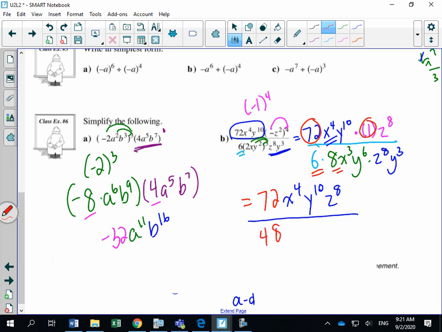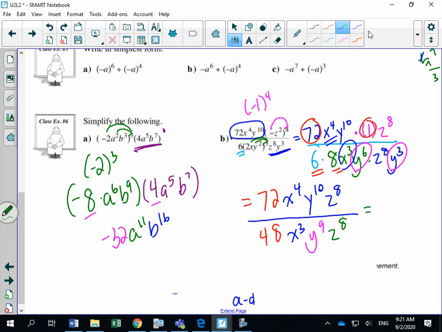Let's do our x's next. I've got x to the 3, and there's no other x's in the denominator, so I'm going to write down x to the 3. Y's, I've got y to the 6 and y to the 3. So combine those y's. 6 plus 3 is 9. And then my z's, I'm going to bring down z to the 8. Let's clean this up.